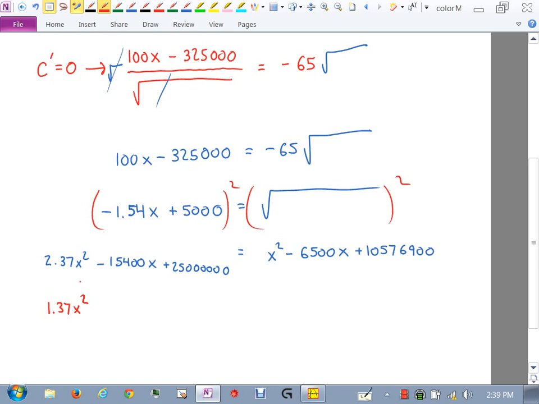So take your 15,400, what's that? That's all right. So I'm getting a negative 8,900x. Then I take this ridiculously big number and subtract this ridiculously big number. 250, 1, 2, 3, 4, 5.